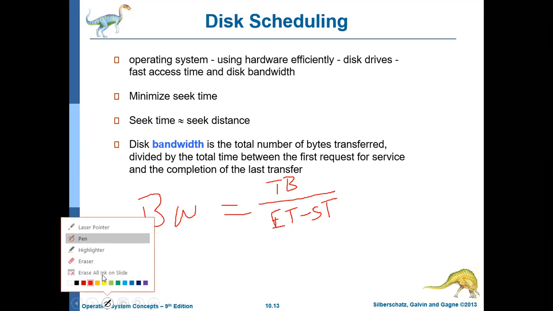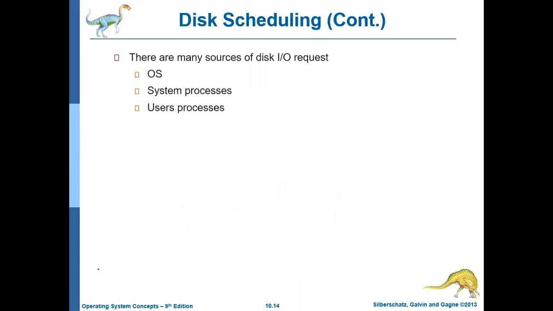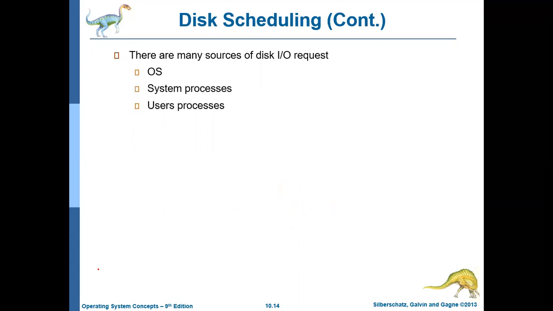That is, the gap between the starting time and the ending time should be less so that the bandwidth will increase. The request to access the hard disk drive may come from the operating system, or from any of the system processes, or from the user processes.